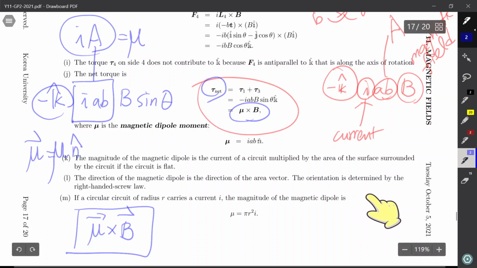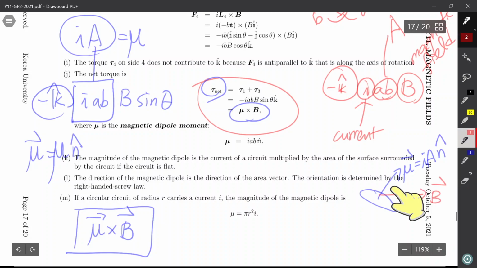Okay? This is the magnetic dipole moment. This is I A n hat. This is the direction of the magnetic field, and the angle theta, mu cross B, has magnitude mu B sine theta.